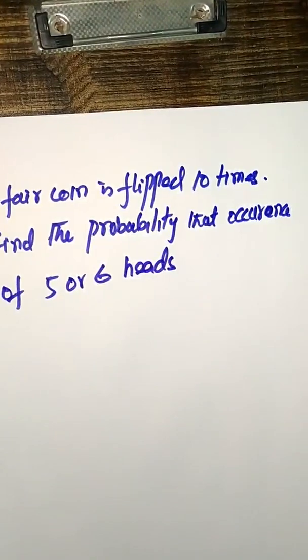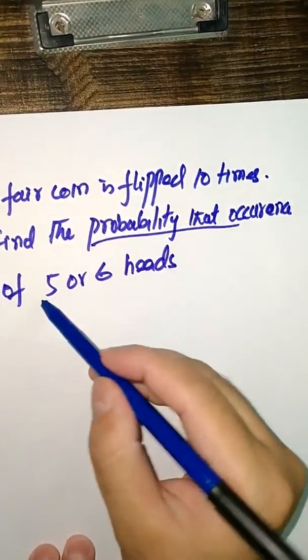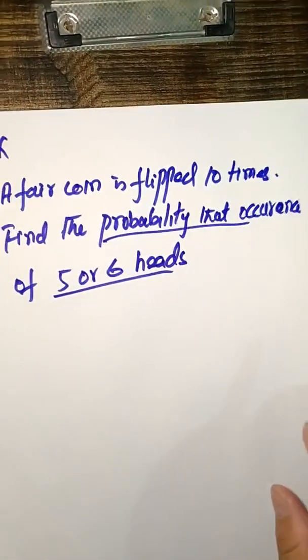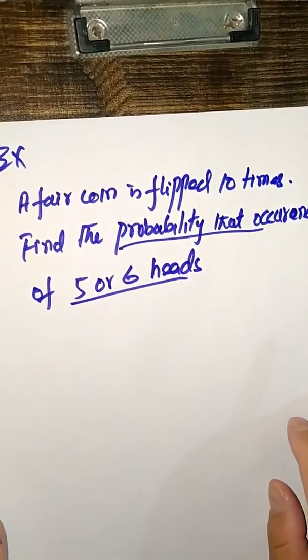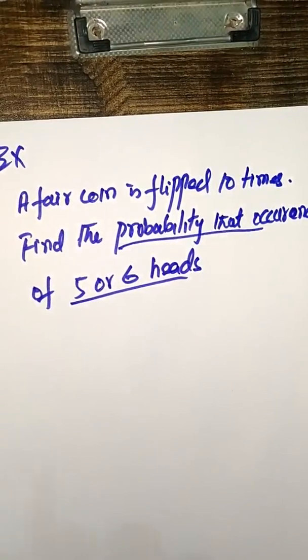We have to find the probability that the head will occur 5 or 6 times, and the coin is tossed 10 times.